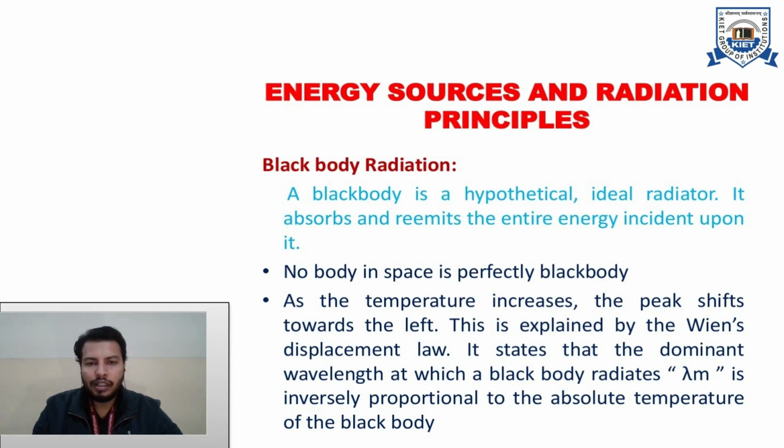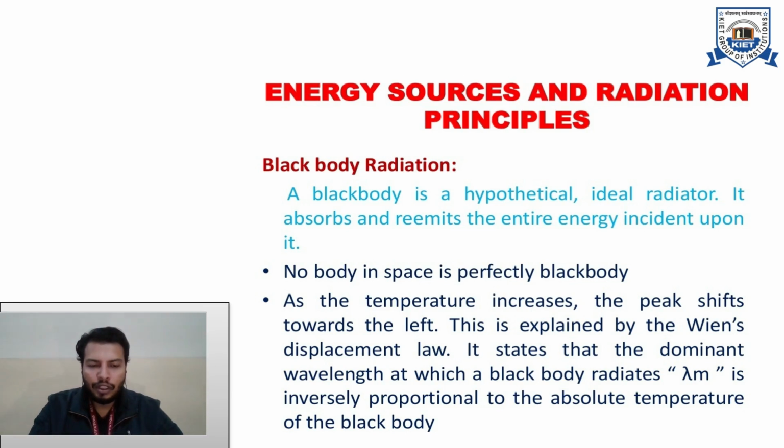Now, there is a concept of a black body. What is a black body? It is a hypothetical concept, an ideal radiator. It is a body that ideally absorbs all the radiant energy incident on it, and then radiates all the energy which has been absorbed. That is called black body radiation. Why are we discussing it here? Because there are objects present on the surface of Earth, and radiations interact with those objects.